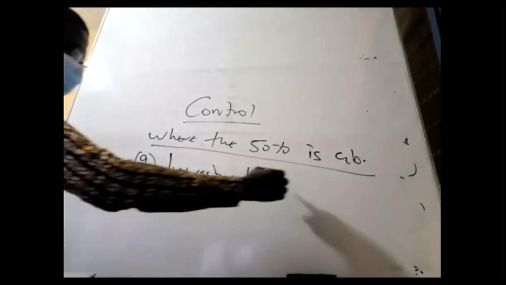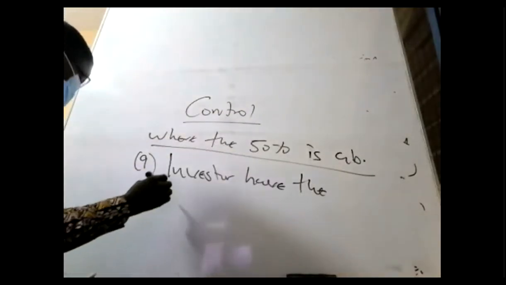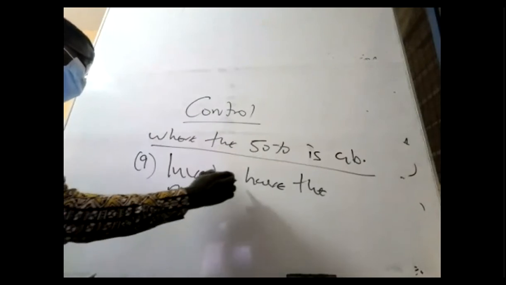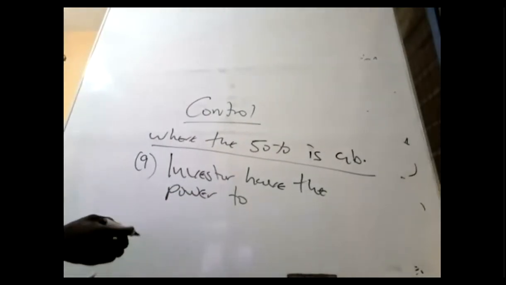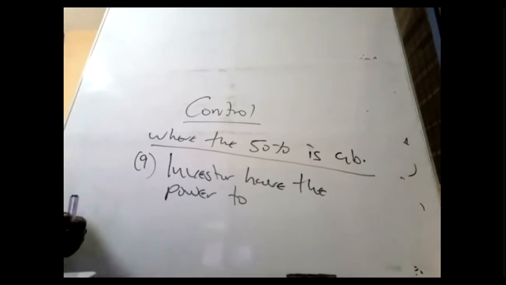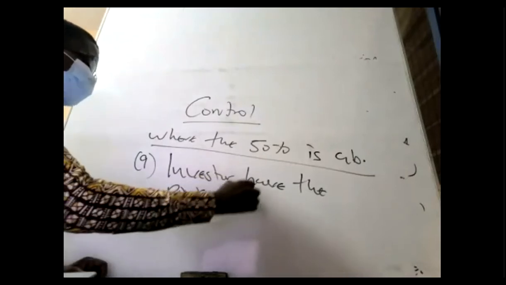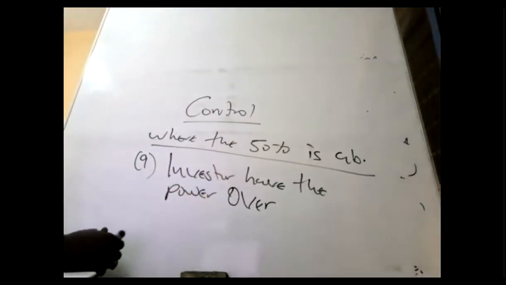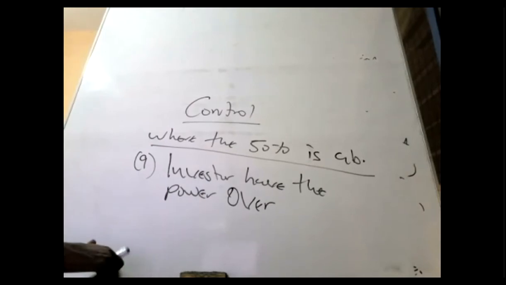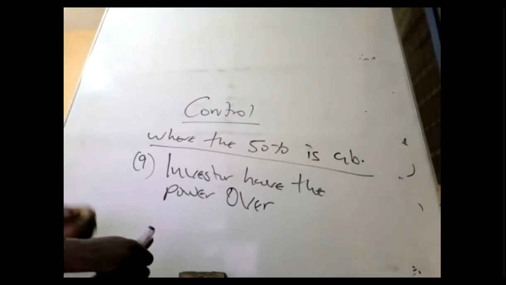So where the investor has the power over the investee, and the power we are talking about is the power to direct the activity of the entity.